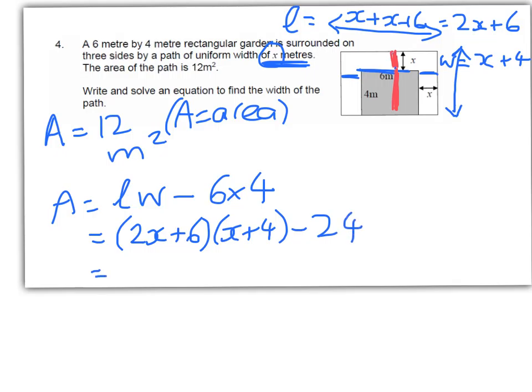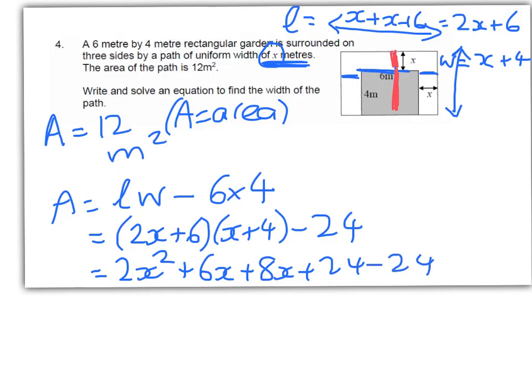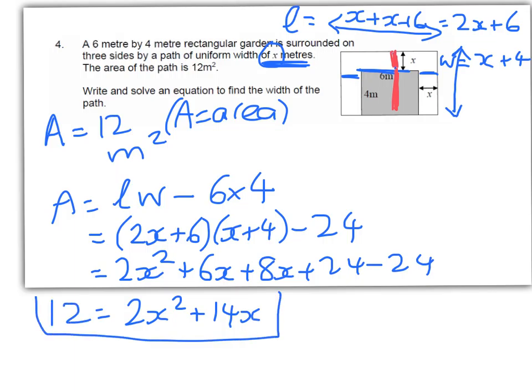So expanding out those brackets, we get 2x squared plus 6x plus 8x plus 24 minus 24, which is 2x squared plus 14x. Now we know that that area is 12, so we're solving this equation here.